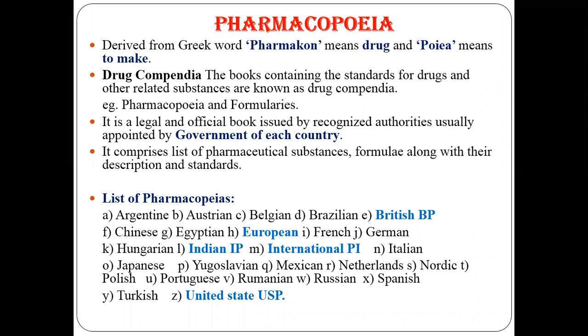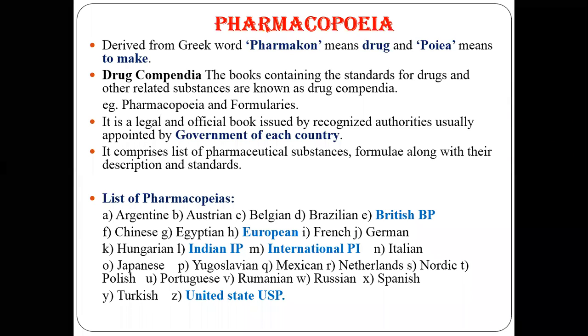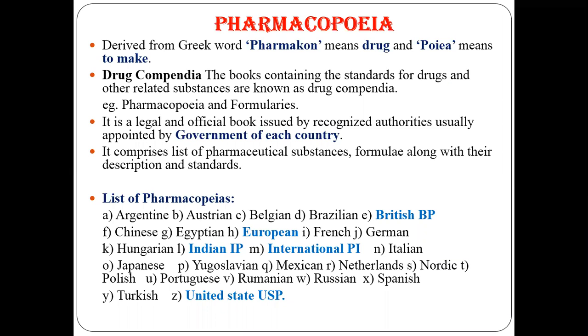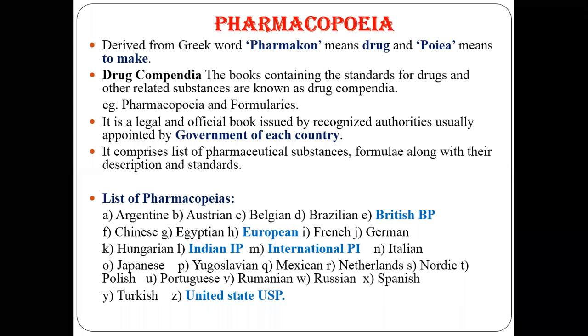Every country prepares its own book, giving the list of drugs utilized inside that country for treatment, along with other information regarding the drug substances, and that will be utilized as the standard book for that country.